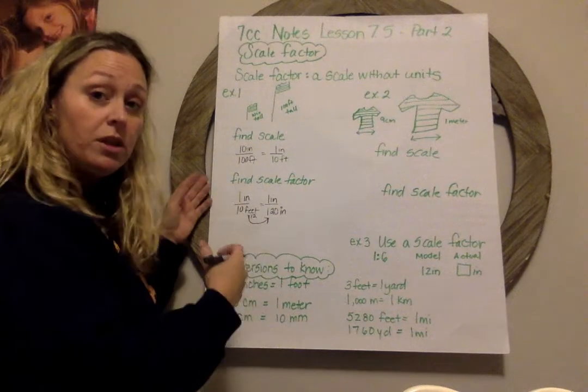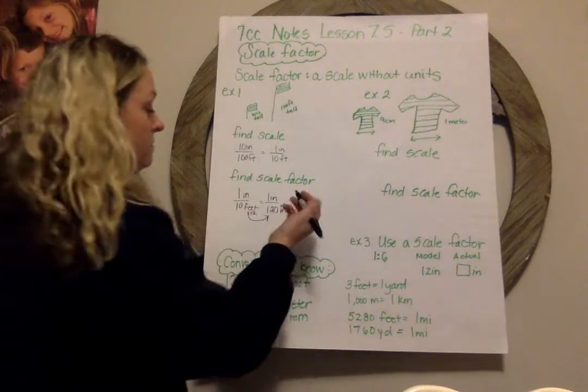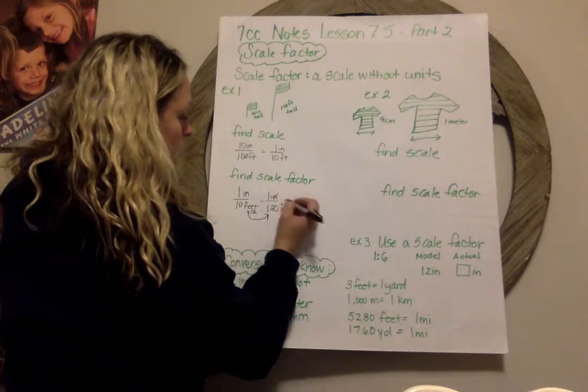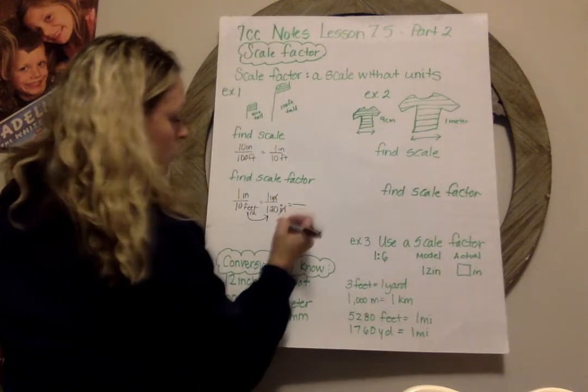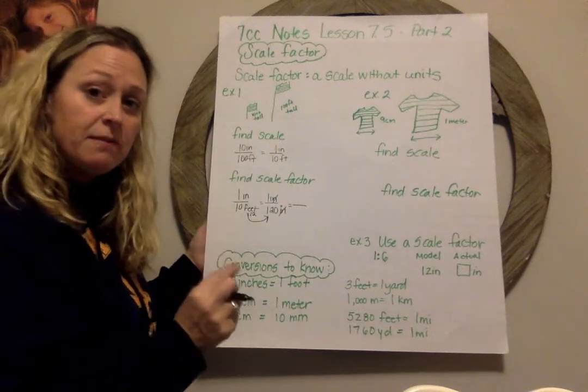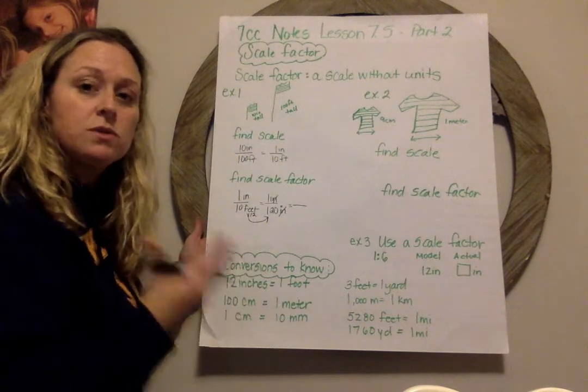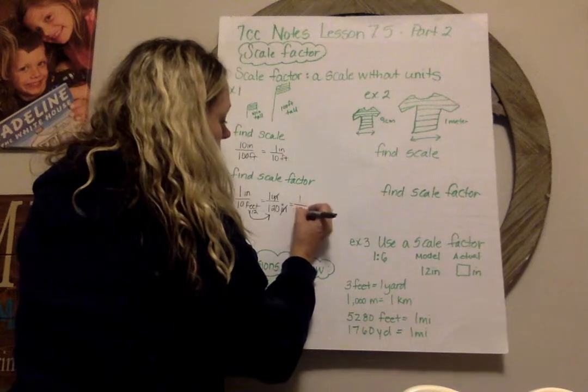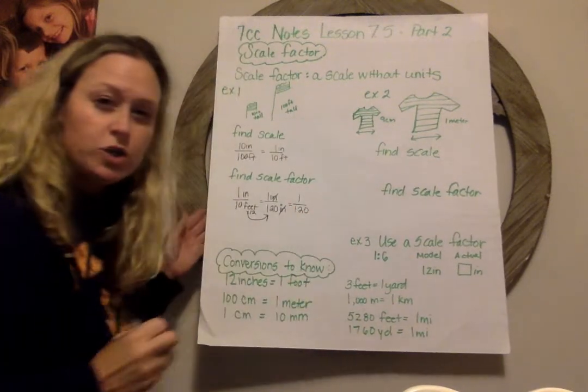Now, if I look at this as an actual fraction that I'm simplifying, 1 inch divided by 120 inches, inches divided by inches is 1, so that eliminates the units. So my scale factor is 1 to 120.